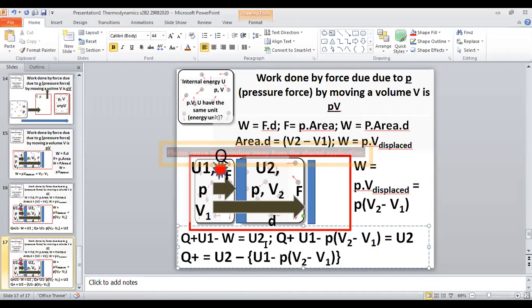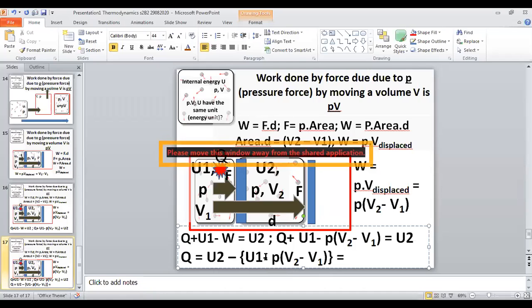This is Q. And here you can rearrange, minus minus plus.